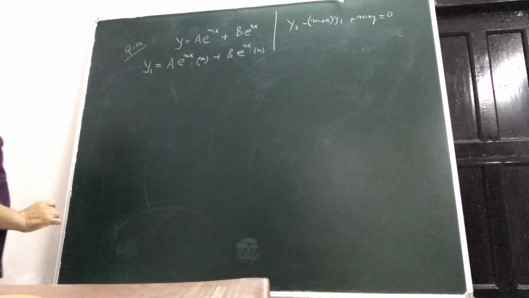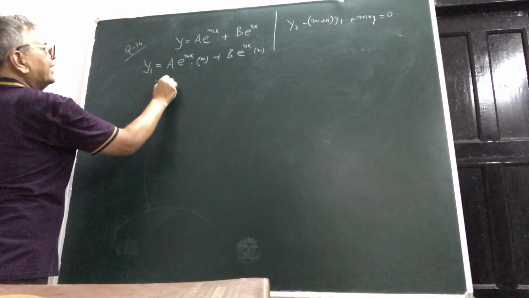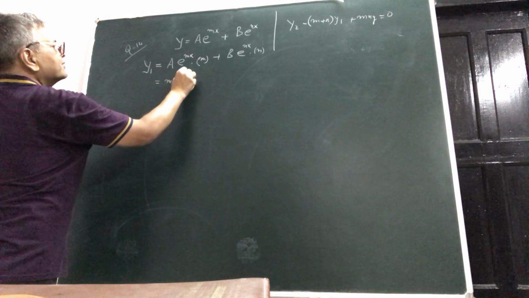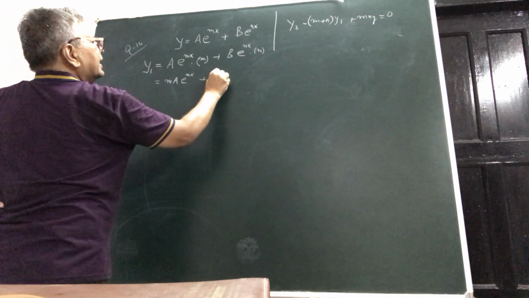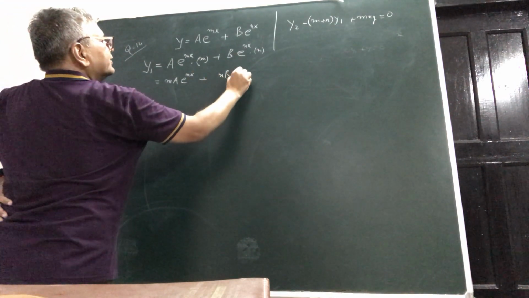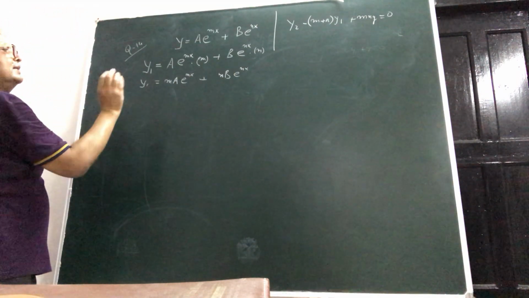So this is the first derivative. You can write it as ma e raised to power mx plus nb into e raised to power nx. This is your y1. Differentiate once again.